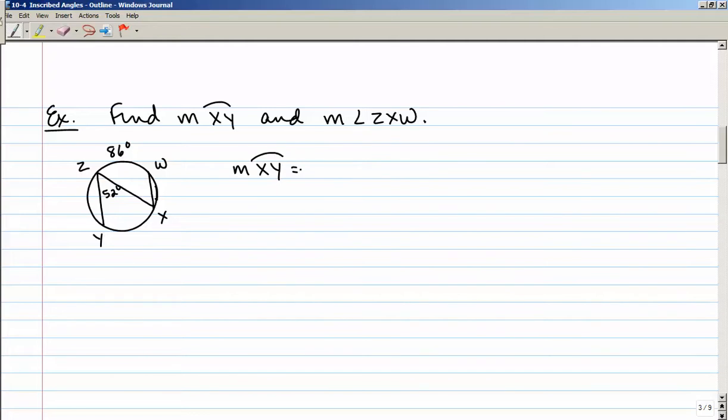So the measure of arc XY is going to be 2 times the measure of angle YZX. Okay, and the measure of angle YZX is 52. So the measure of arc XY is 104.